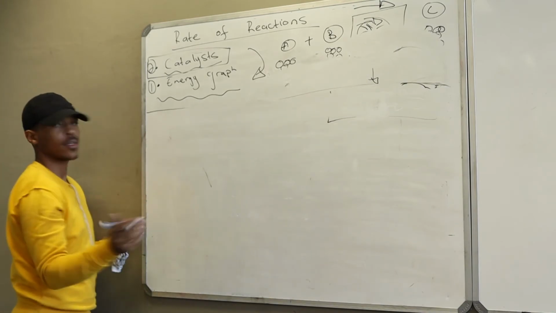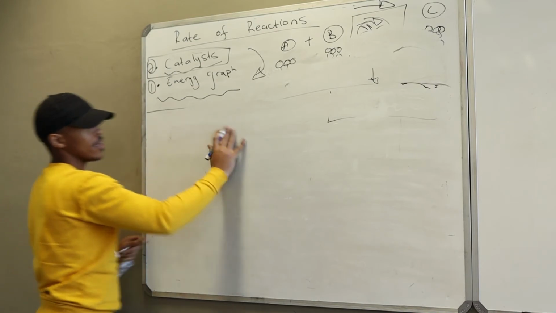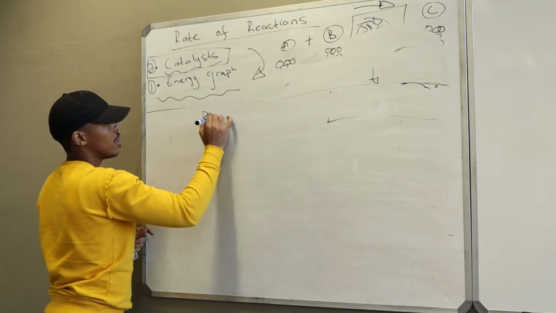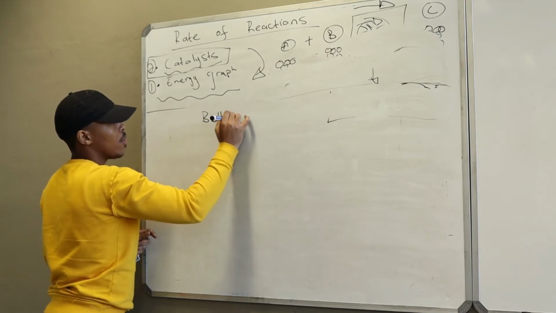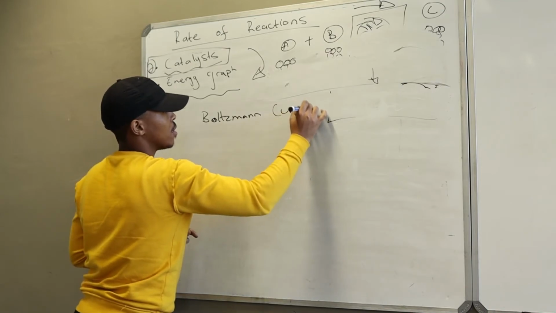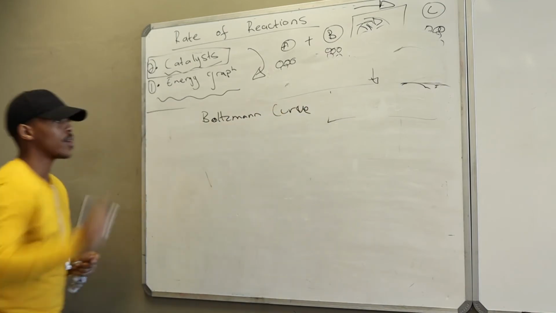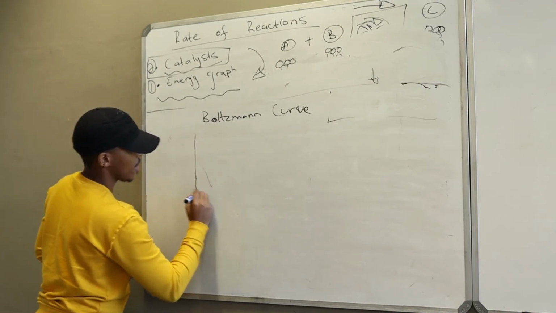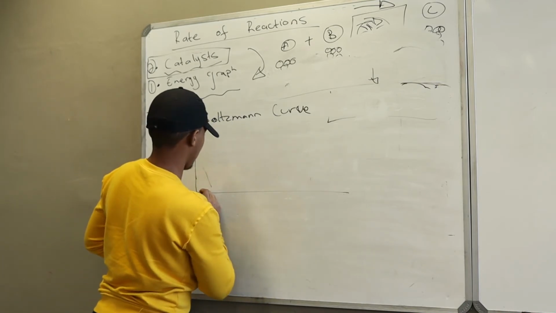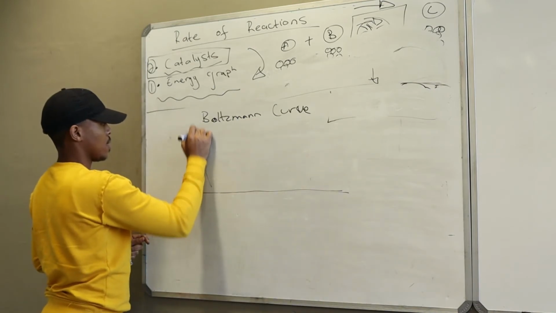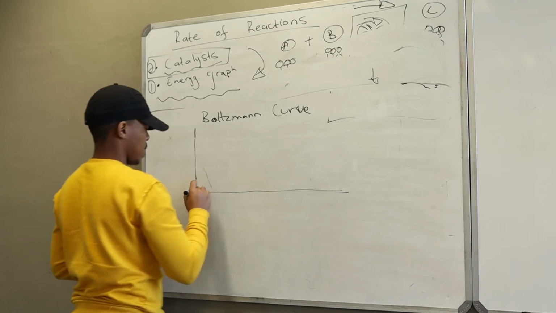Okay, final part. So we're going to have again the Boltzmann distribution curve. So this is the distribution of kinetic energy basically.